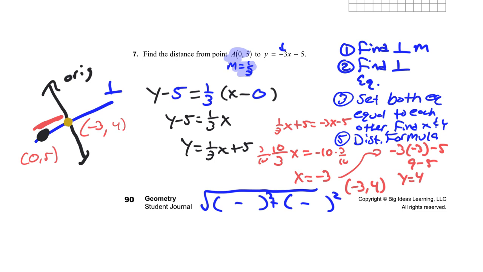Let's fill in our values here. X values, I'm going to have 0, and then I'm going to have a -3, and y values are going to be 5, and then a 4. If I put this in the calculator, the simplified radical form is the square root of 25, which here just so happens to be 5.